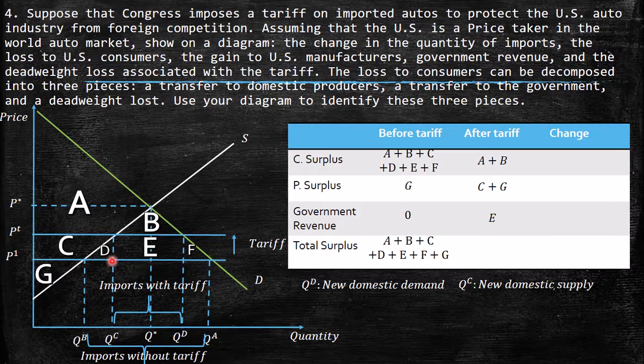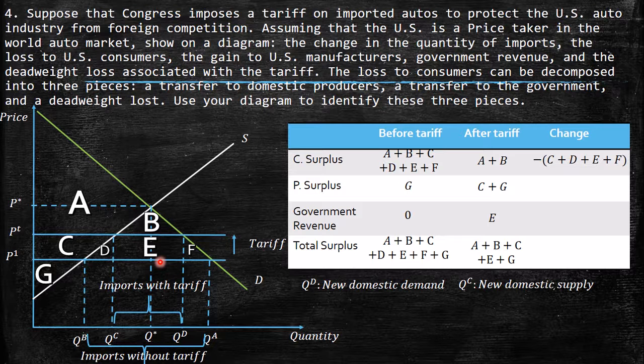So this is going to be this rectangle: the base, the quantity of autos imported, times the tariff size. So all this E is going to be the government revenue. Here we have the total surplus: this triangle from the consumer side, the producer surplus, and this E, which is the government revenue.